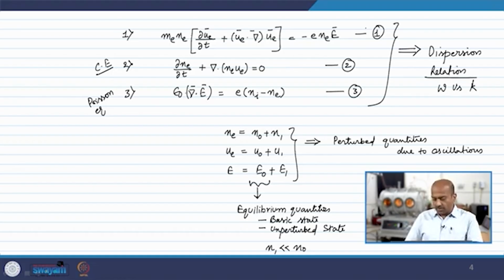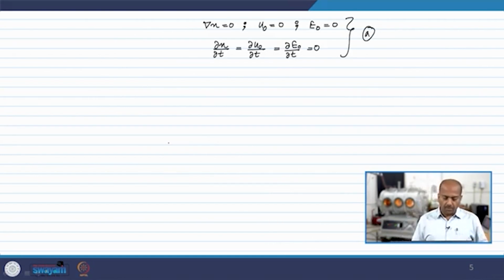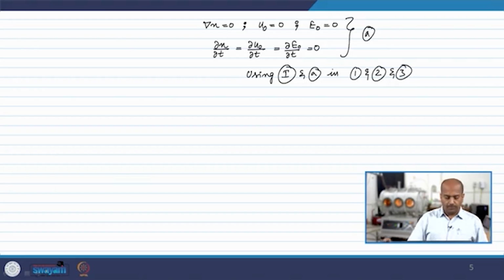Now, we have to substitute the perturbation. Let us say this is the perturbation, and we call this capital I, and we substitute the perturbed variables using I and A in equations 1 to 3.